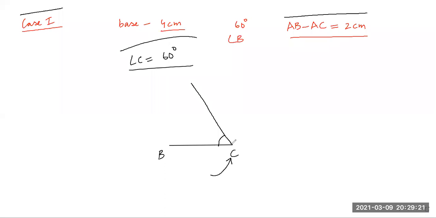But in this case, it's written AB minus AC. The side of the triangle on the given base angle would be AC, but AC is, yes, Sargun? AC is bigger or smaller? AC is smaller. I will not follow case 1. Am I right? Okay.